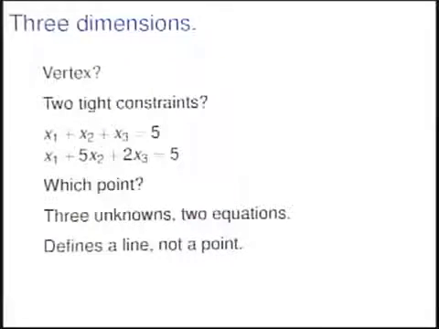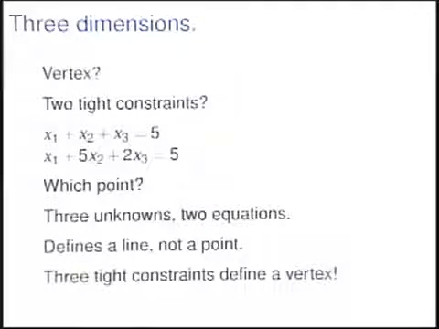So it defines a subset of the points in that space, but it doesn't define a point. In particular, 2 equations and 3 unknowns defines a line. It doesn't define a point. So you need 3 equations and 3 unknowns to find the values of the unknowns, right? So 3 tight constraints define a vertex.